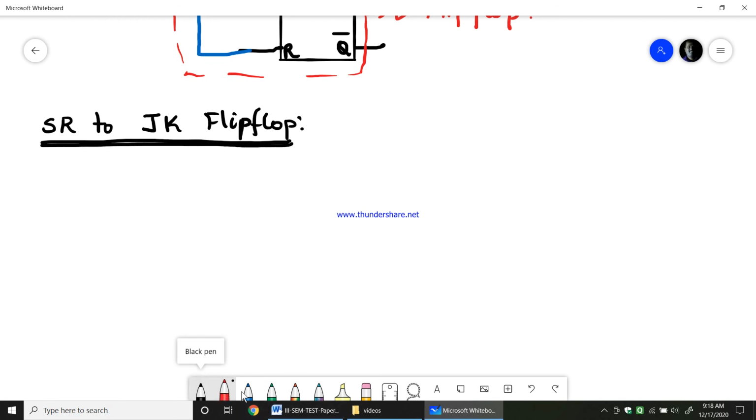As usual, we try to write the excitation table of the conversion.